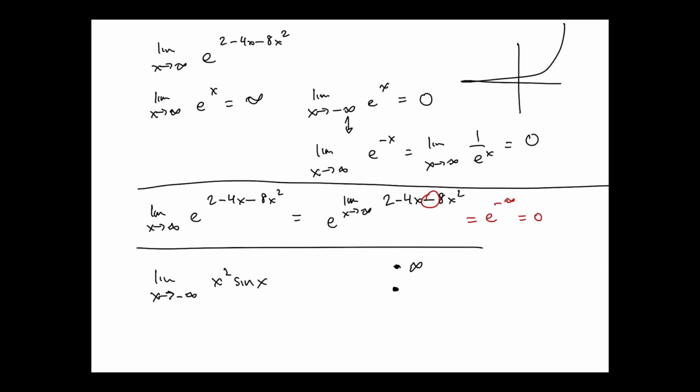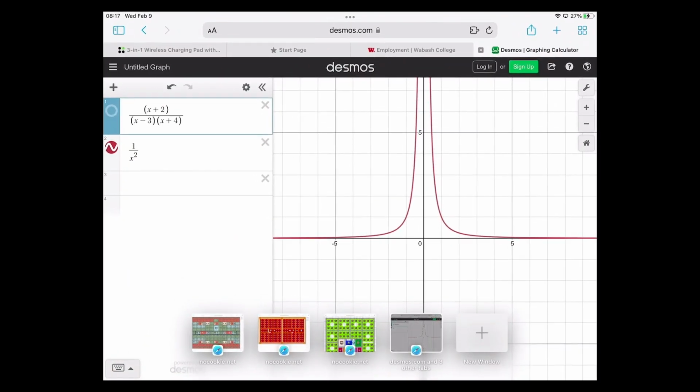Any other guesses? Zero. Any other guesses? D and E. Okay, anything besides those guesses? No? One? All right, that's probably a good enough pile. So x squared sine of x. Let's see what we got here.